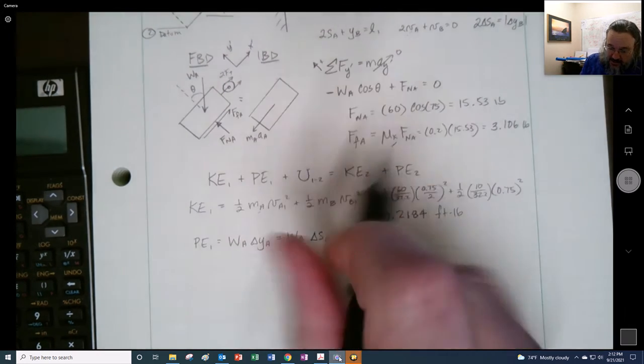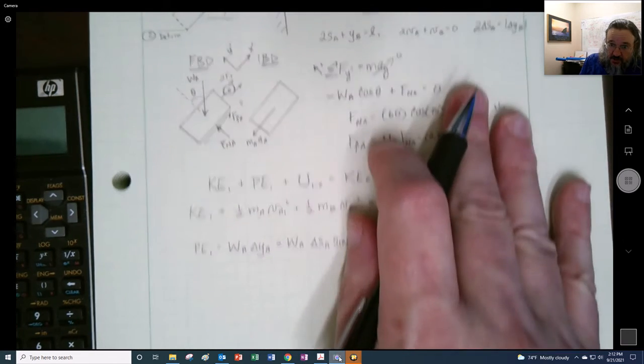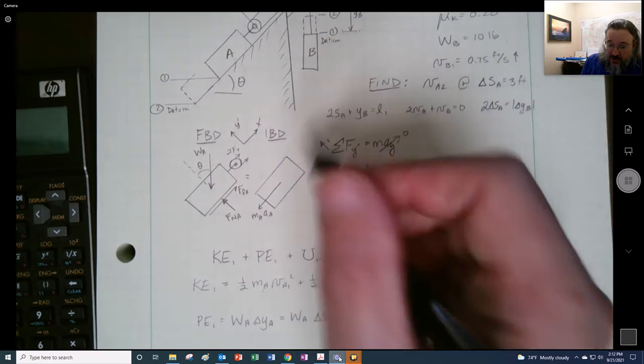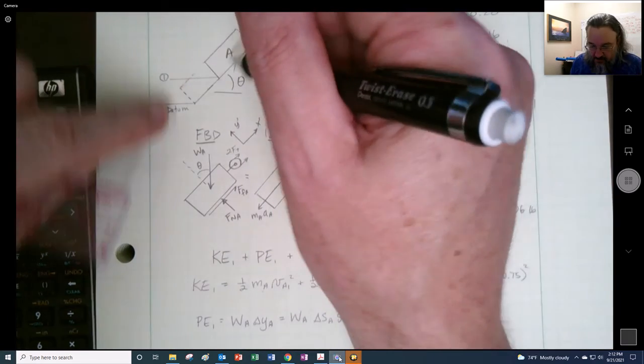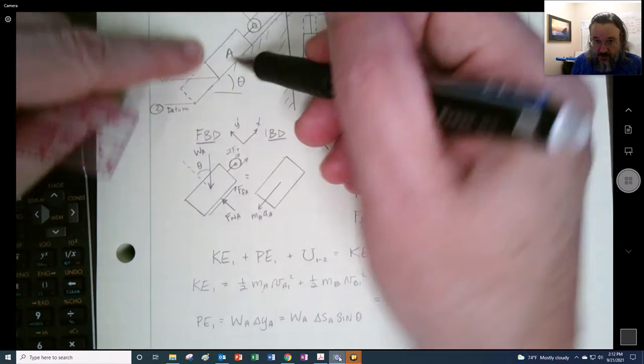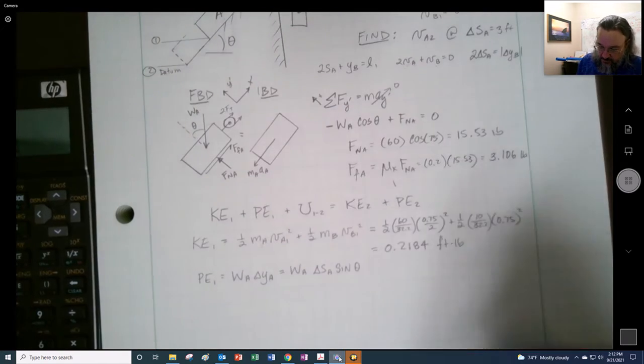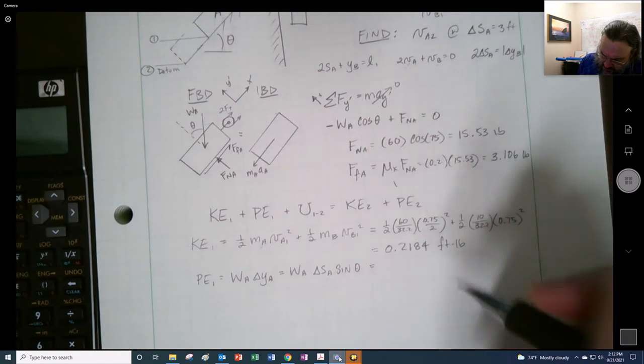So it's actually how far this thing has moved up, but remember we're saying it's going to move down 3 feet, so the amount of distance it has traveled, it only matters the y distance it is traveling. Hopefully that makes sense.